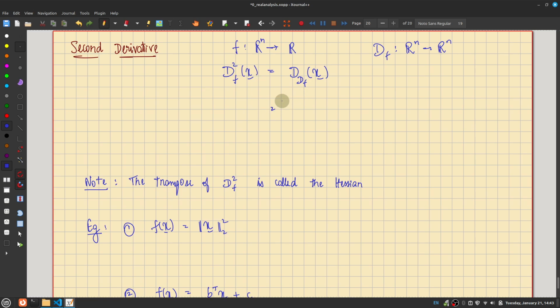So that's just it. So that gives you the second derivative matrix, and it's essentially the Jacobian of the Jacobian. So you can write it as dou square f by dou x1 square, dou square f by dou x1 x2, and so on up to x1 xn, and so on.